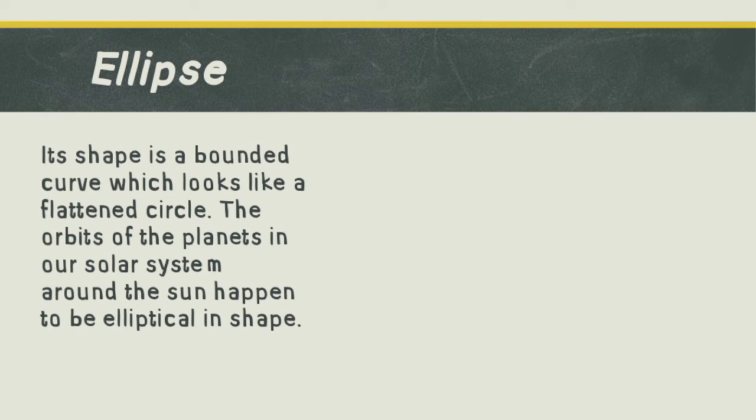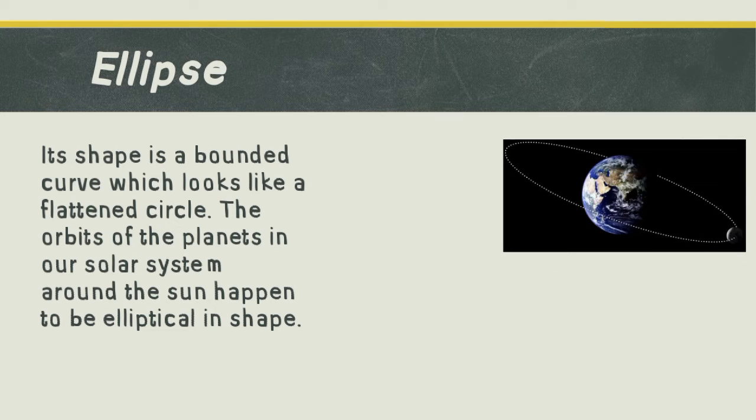Next conic section is ellipse. Its shape is a bounded curve which looks like a flattened circle. The orbits of the planets in our solar system around the Sun happen to be elliptical in shape.